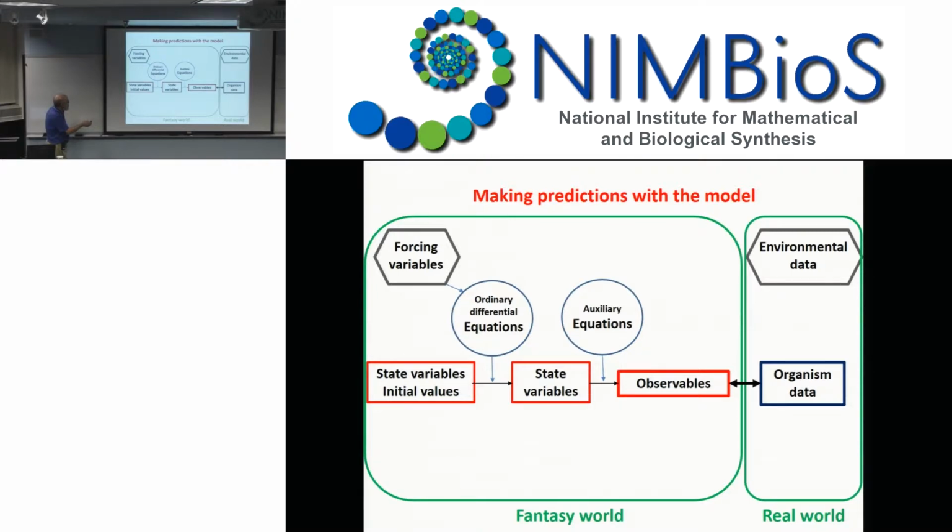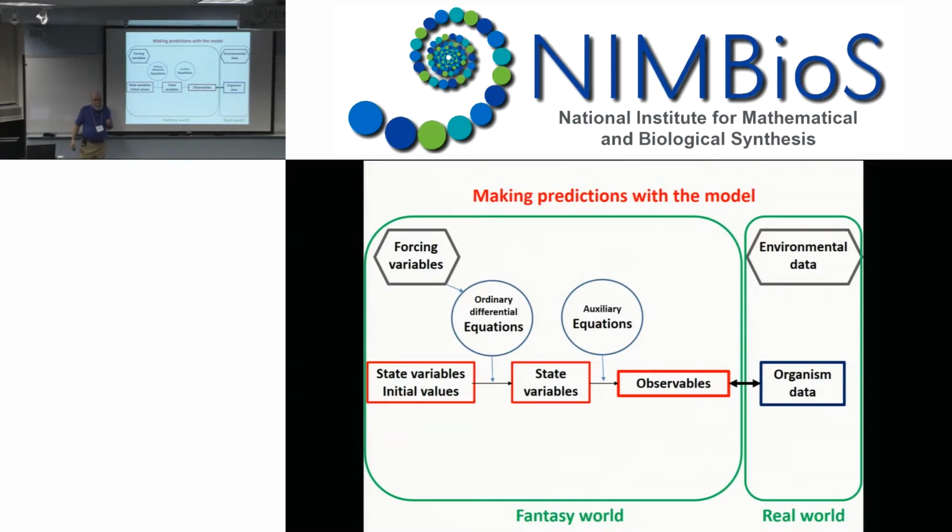These in turn influence ordinary differential equations. You have state variables, and the ODEs tell us what's happening over time to the state variables. But they are these ill-defined things called reserve and structure. And you actually need a bunch of auxiliary equations that connect the abstract quantities with anything that you can measure or observe. And this is the link that makes connections to data.